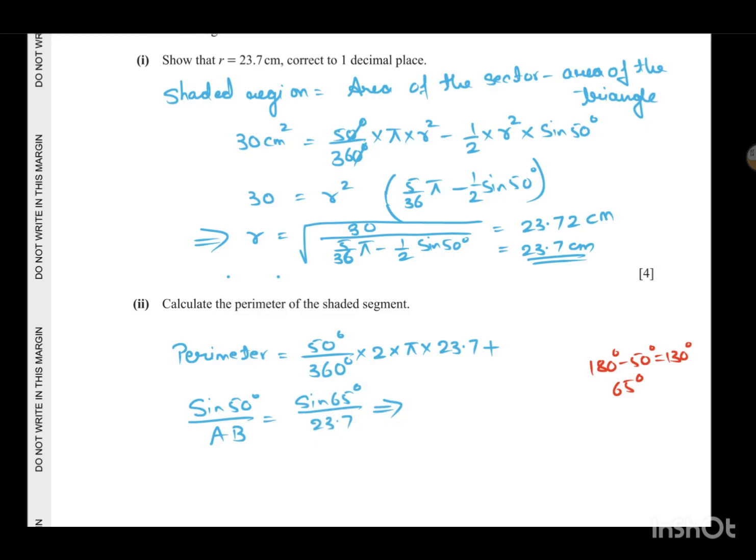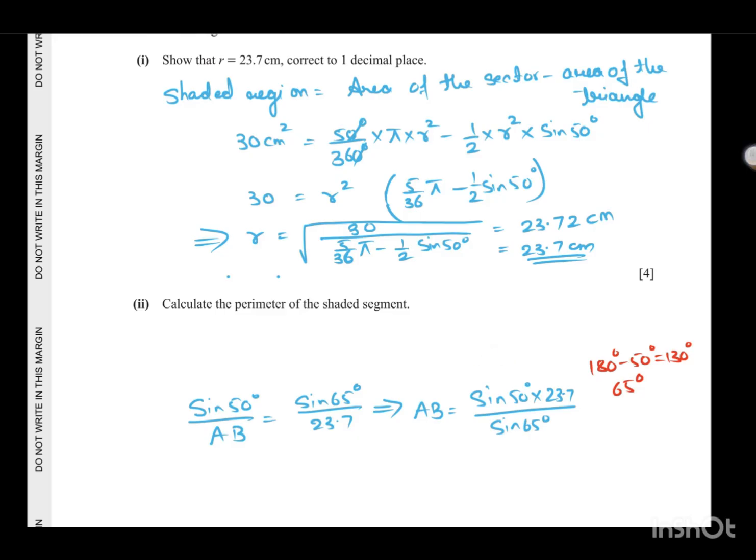Using this, we can find AB is equal to sine 50 into 23.7 by sine 65. Let me find this first and then we will go to the perimeter. Let me find the length of AB using the calculator.